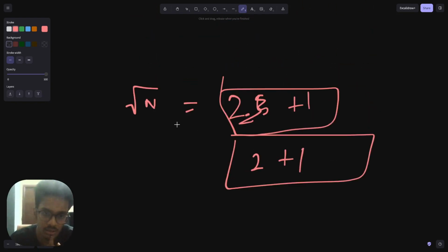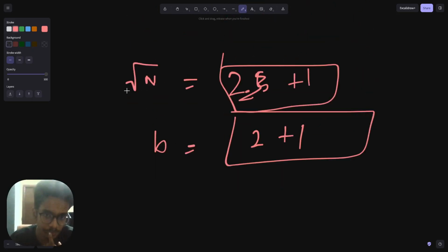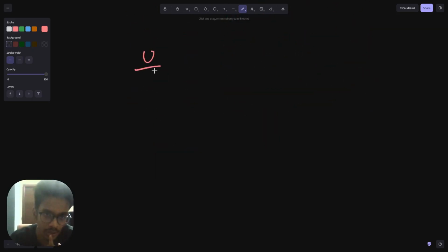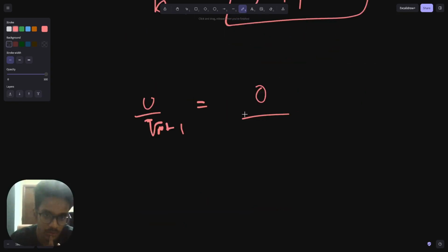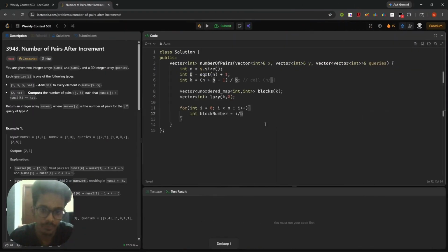So the actual size is 3. So b is equal to this thing. When you do 0 by root n plus 1, even if it's 2.5, do a plus 1, and that's how it would work. Basically it's 0 by b. To compute the block number you use the formula I by b.